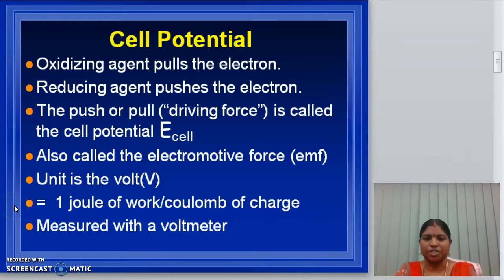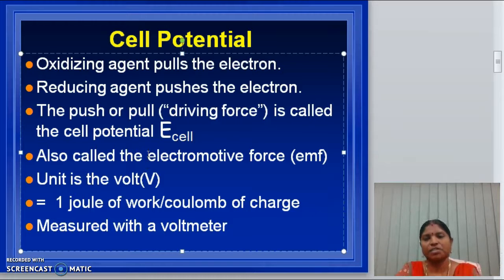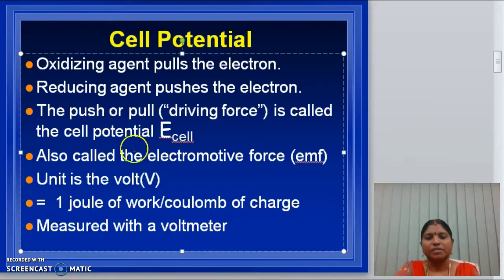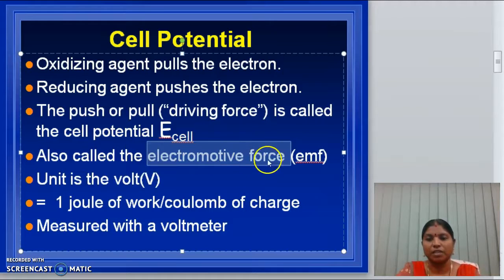This difference in the potential drives the electrons from the electrode having higher potential to the electrode having lower potential. That difference in potential is known as electromotive force. The unit of this EMF is volt.